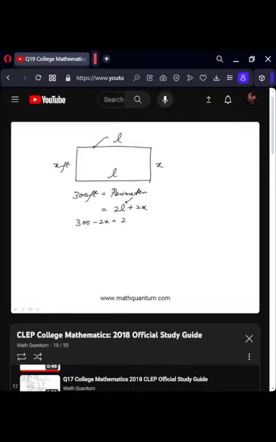Subtract 2x from both sides, and then L would be (300 minus 2x) over 2. I have to divide each term, so this would be 150 minus x. Don't do things like 150 x, that would be the trap answer. So the answer is 150 minus x.